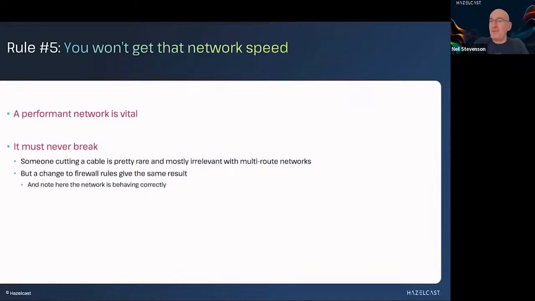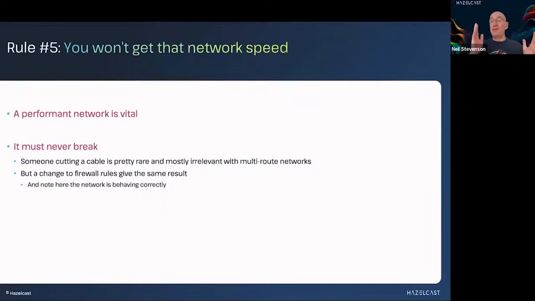Now people talk about things like somebody's cut the cable, and that never happens. Real networks are multi-virtualized, but what does happen is somebody deploys a firewall rule. So here's two Hazelcast instances, and there's now a firewall between them for some reason. The network's actually doing the right thing.